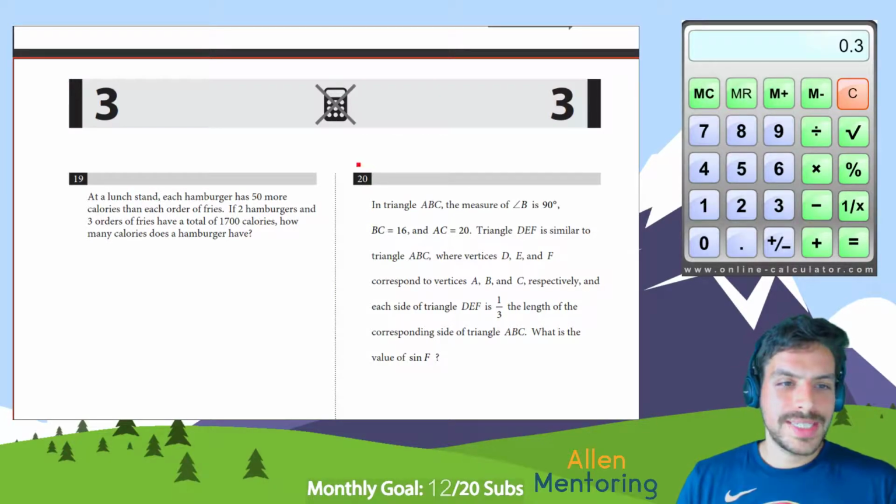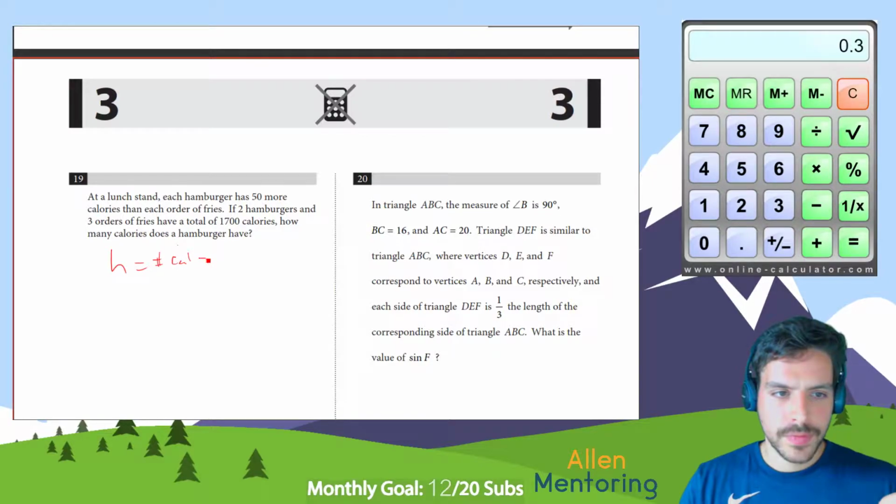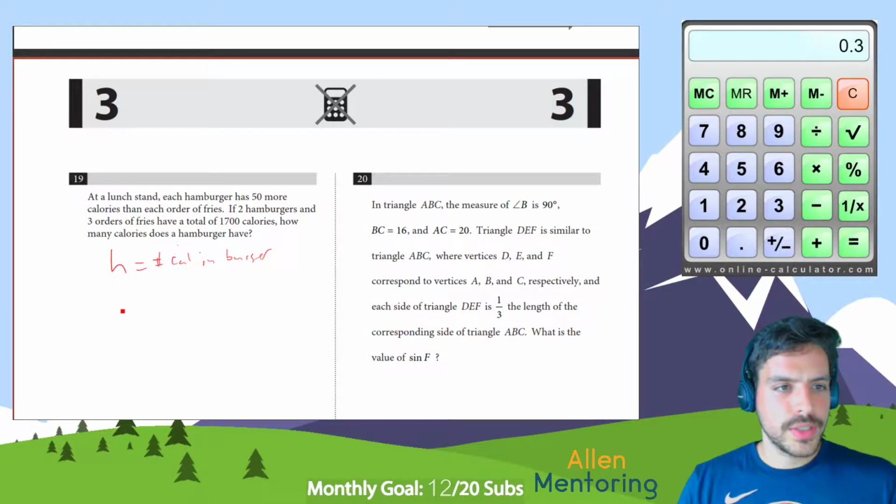Okay? So this is a system of equations. We have the number of calories. So H is equal to number of calories in hamburger, and F is equal to number of calories in fries.